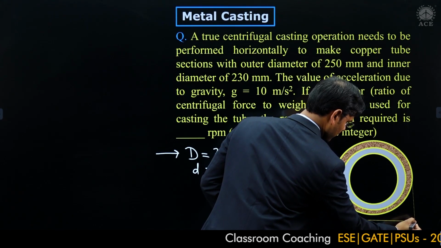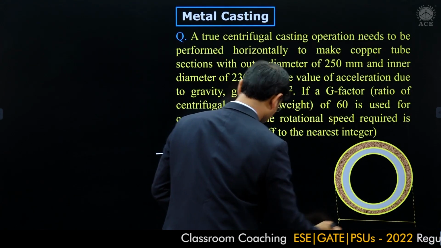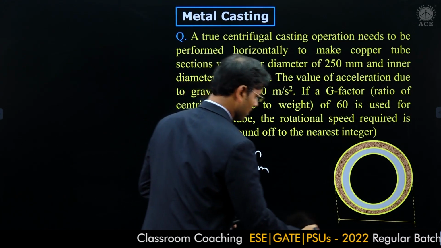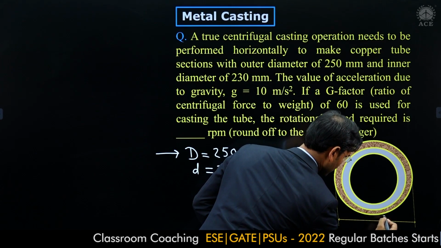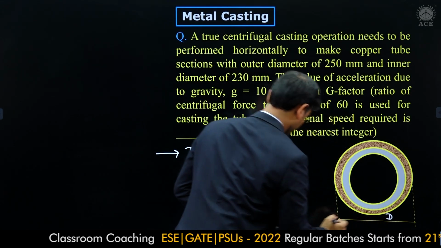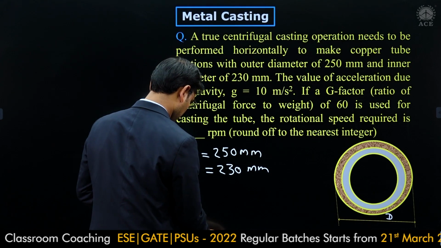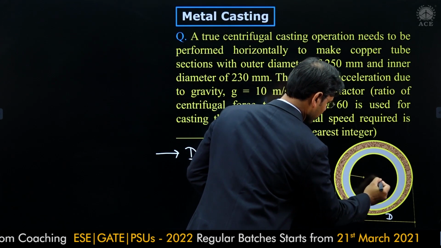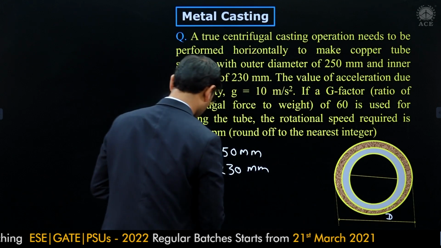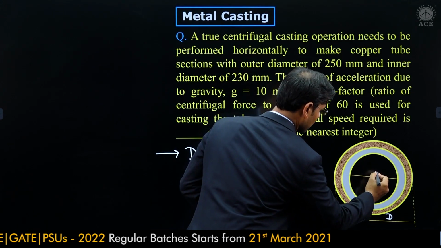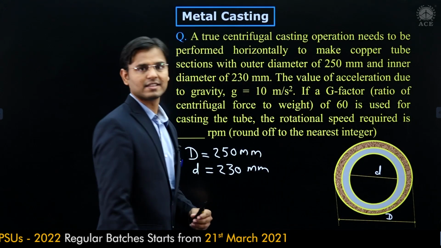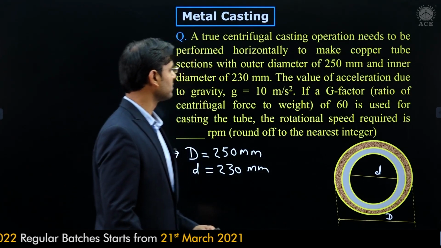Just see, this is the outer diameter, that is capital D. And just see the inner diameter. Both diameters are given. This is the small d that we have to manufacture.